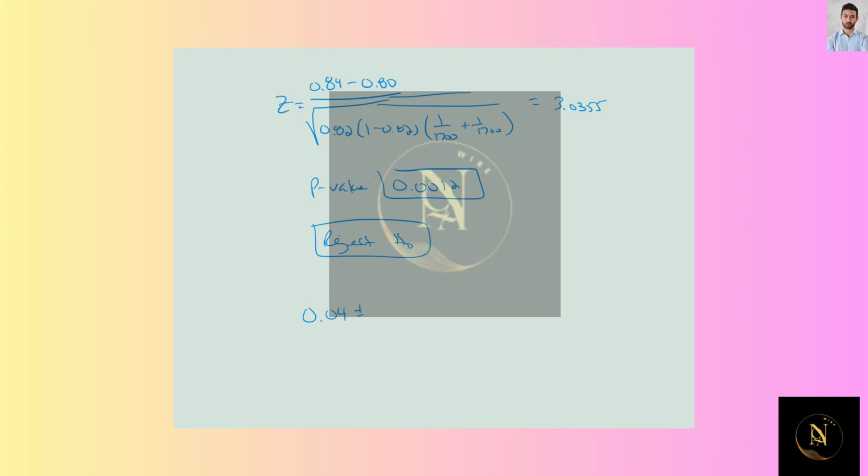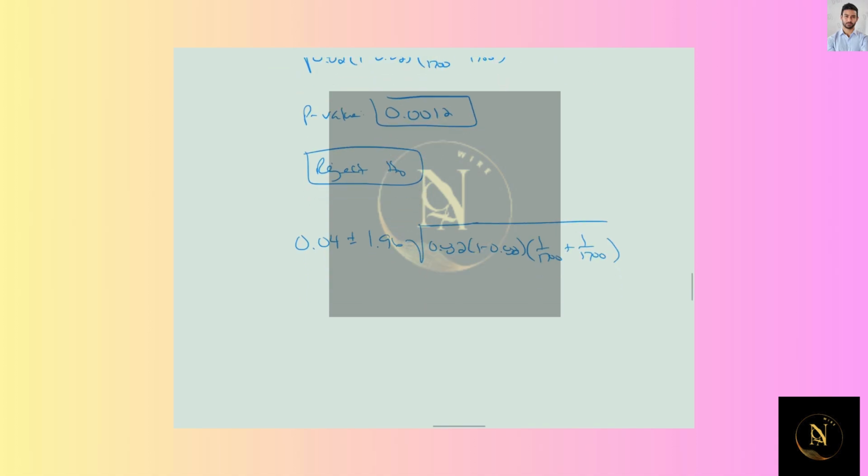That's going to be 1.96, times the square root of the pooled proportion times 1 minus the pooled proportion times 1 over those reciprocal sample sizes. And we want this to 4 decimal places. Let me get that into the calculator.